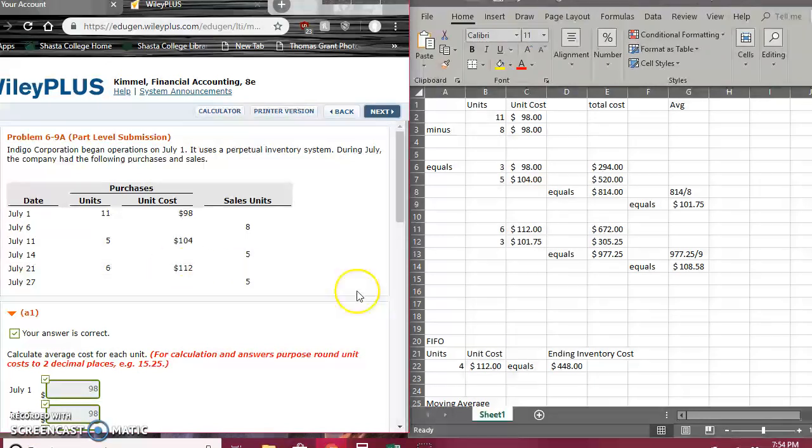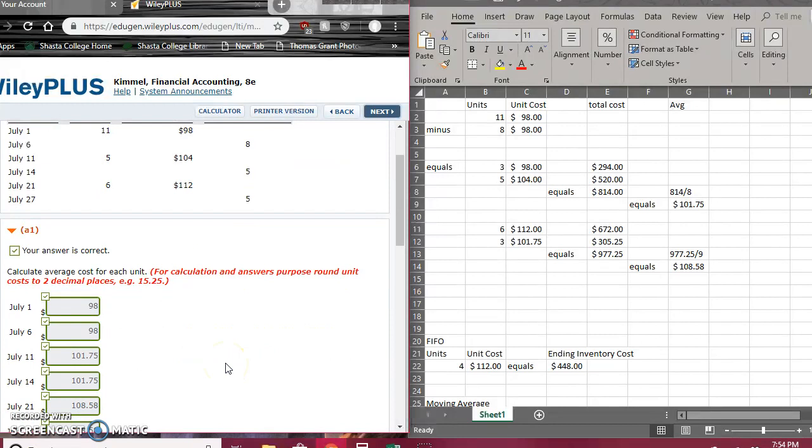If you remember, on July 14th, we sold 5 of the 8 units priced at $101.75. So we're left with 3 units at $101.75 each, plus the 6 units at $112.